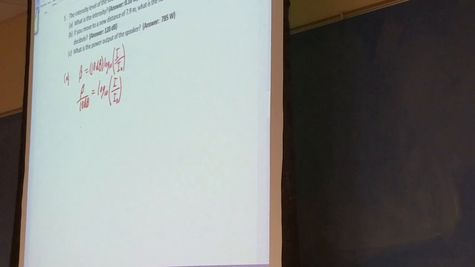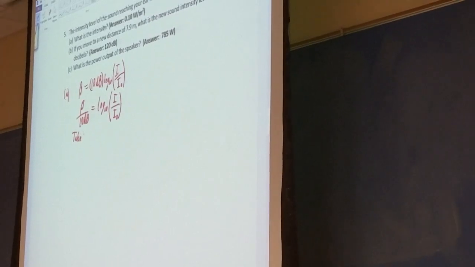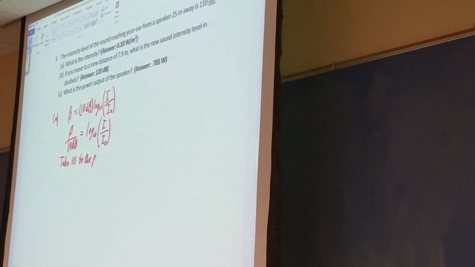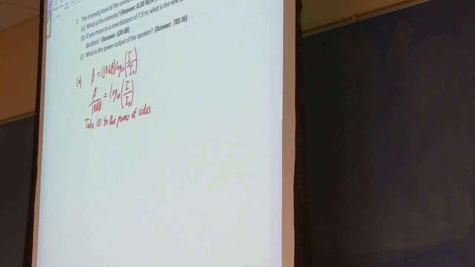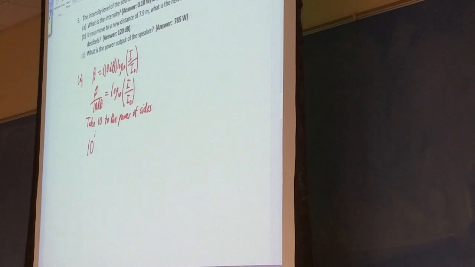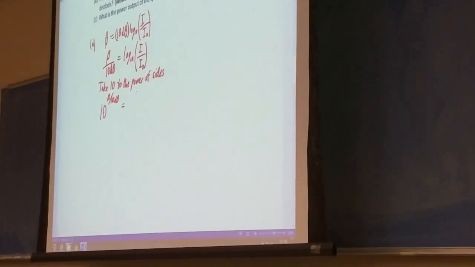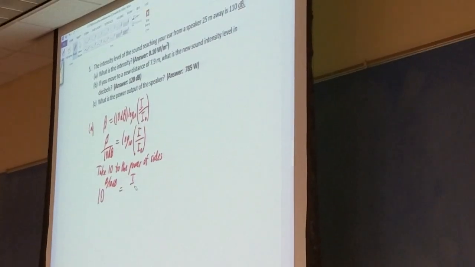we have to take 10 to the power of both sides. So let me just write that down to explain what I'm doing. The left-hand side becomes 10 to the beta divided by 10 decibels, and the right-hand side simply becomes I divided by I sub naught.